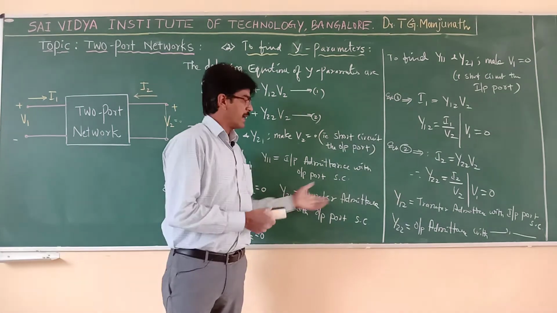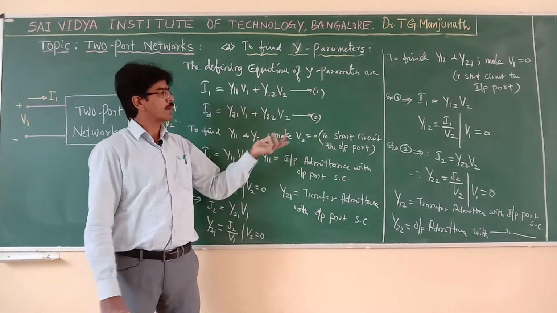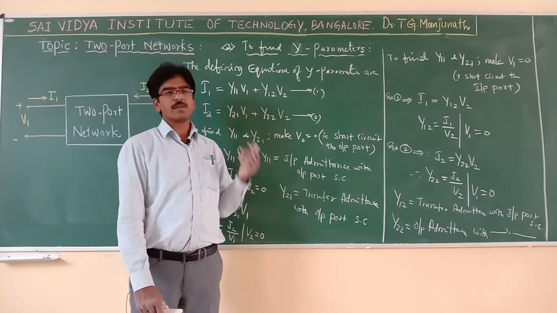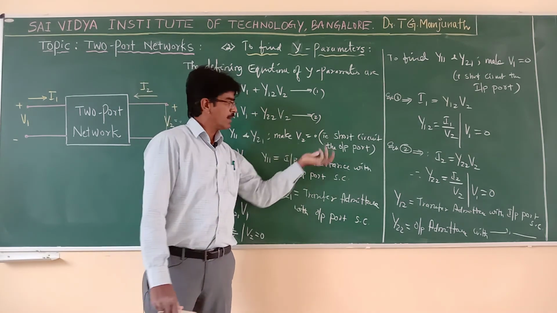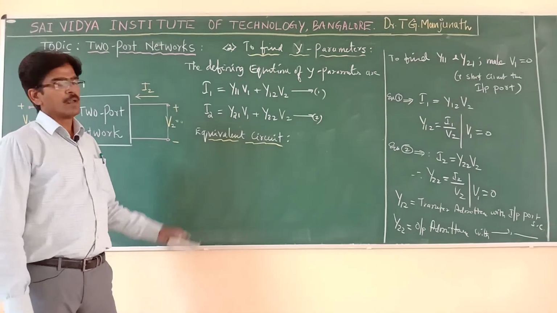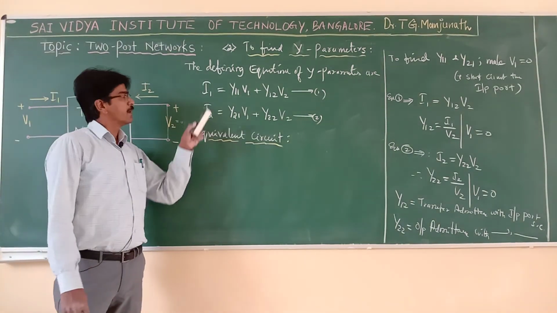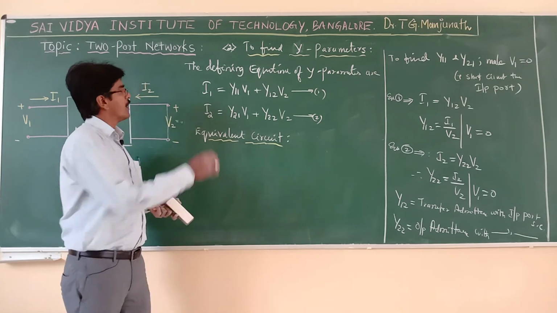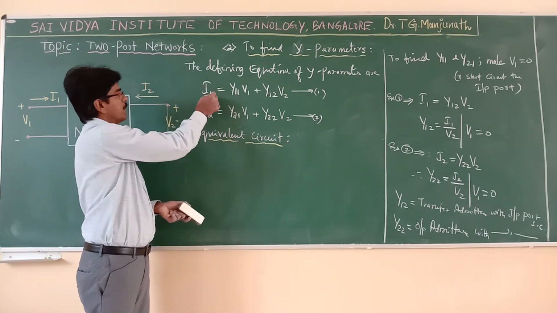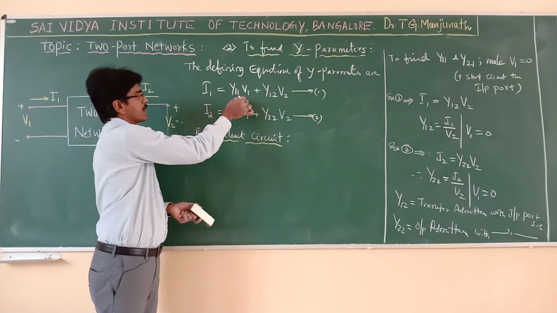Now after defining all these parameters, we are going to write the equivalent circuit by considering these defining equations. To write the equivalent circuit, observe these two equations. Both are current equations. So input current I1 is equal to this current plus this current.